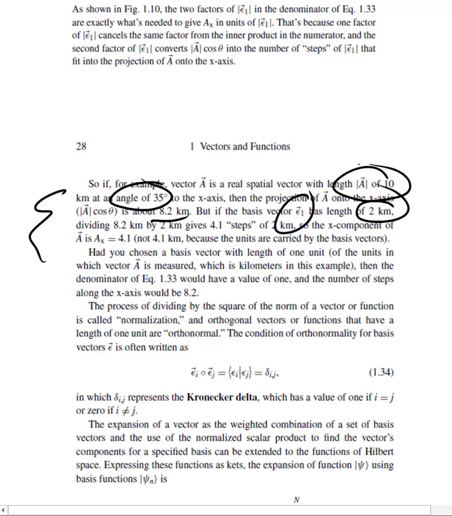It's not a unit vector. The component A sub x is how many times this 2 kilometer basis vector fits into our 8.2 kilometer projection. When you divide 8.2 by 2, you get 4.1 steps, each of 2 kilometer length. So the x component, A sub x, is 4.1.